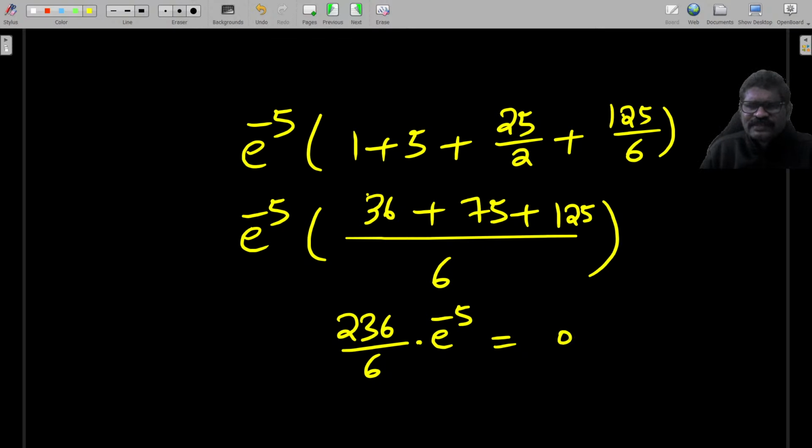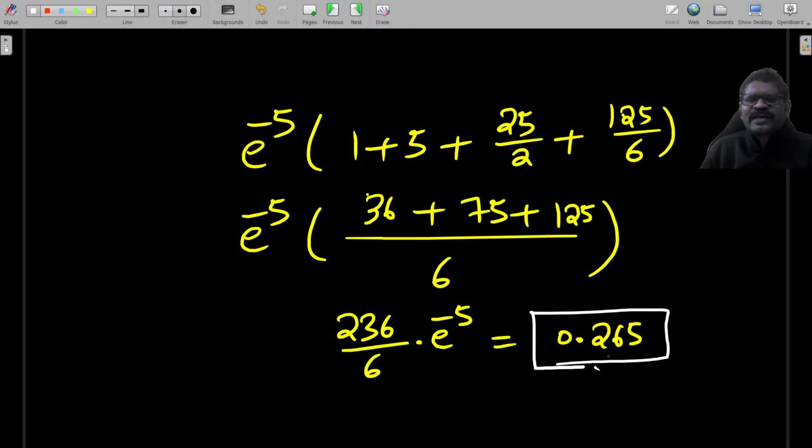By simplifying this, we get 0.265. The required probability is 0.265.